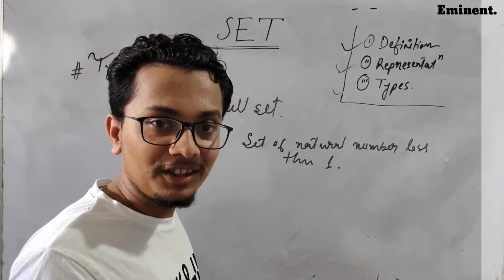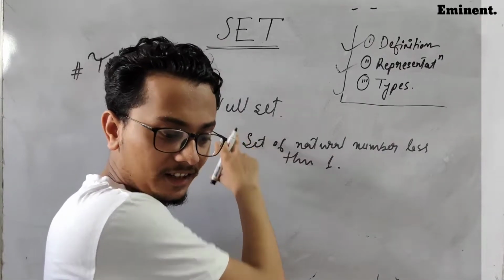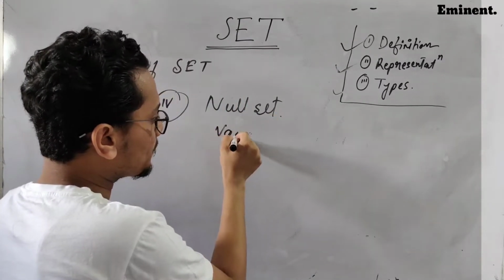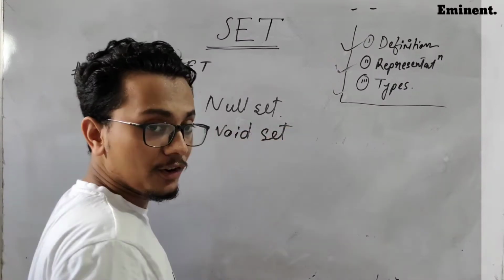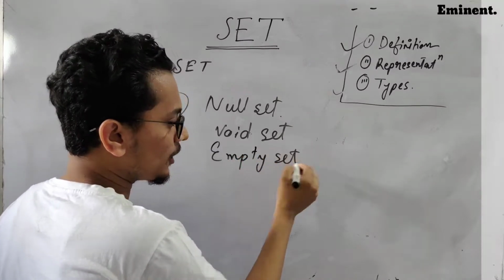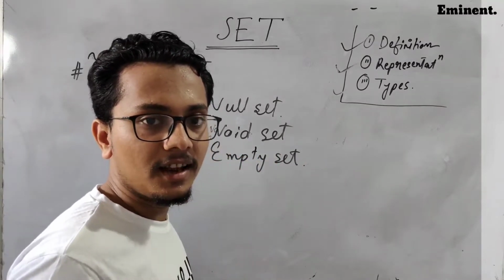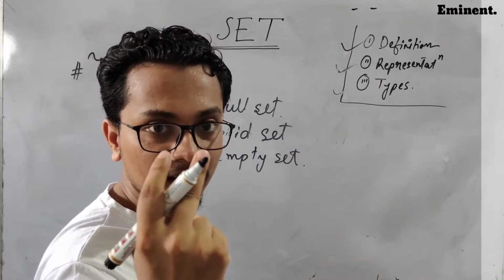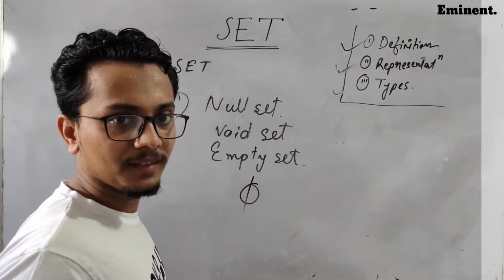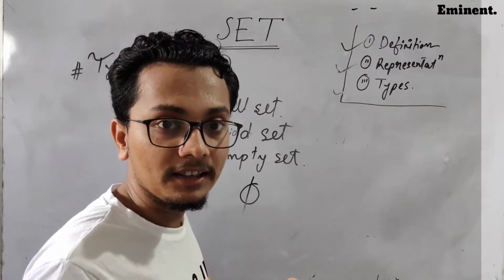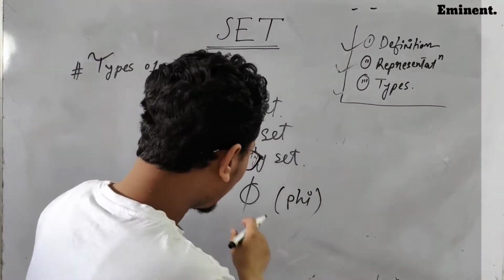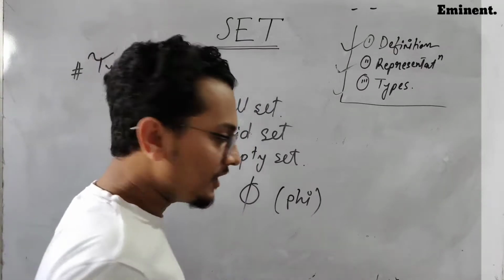And there are more interesting things about the null set. This null set is also known as void set. It is also known as empty set. And the null set is represented by a Greek letter, and this letter is phi. It is not pi, it is phi. And what exactly is this phi?